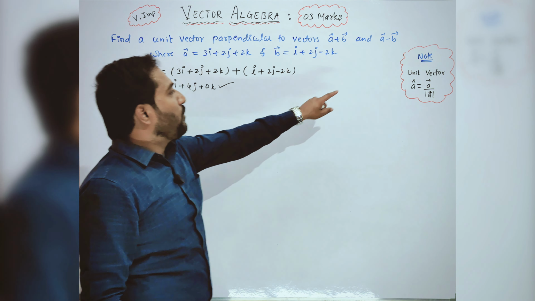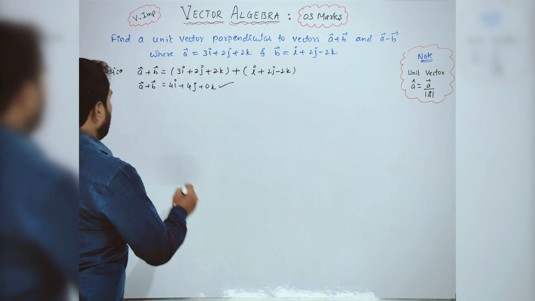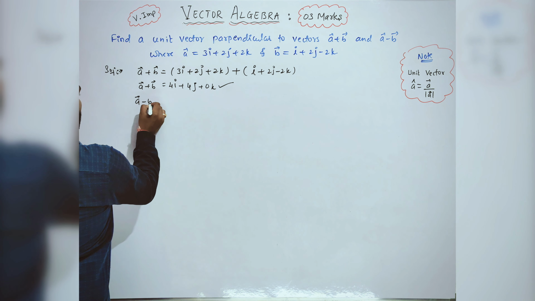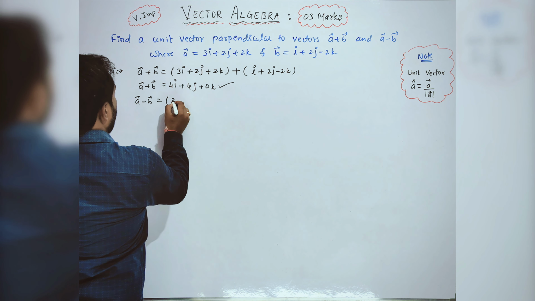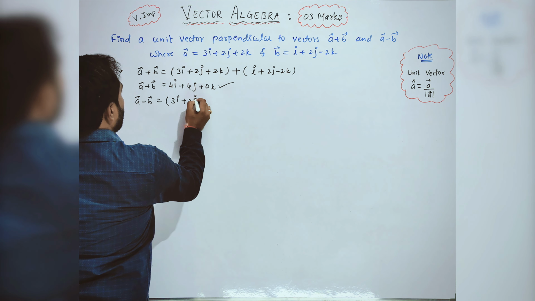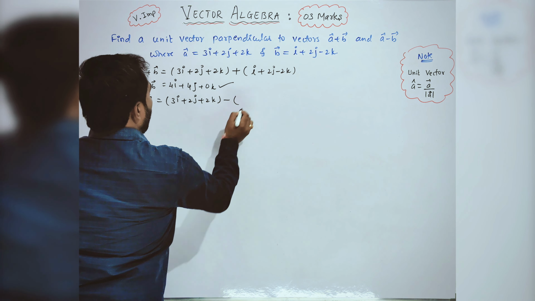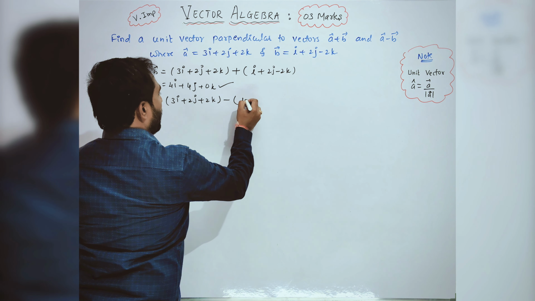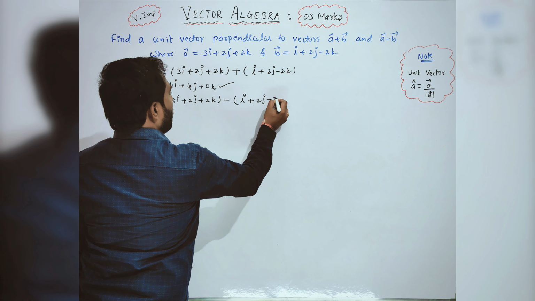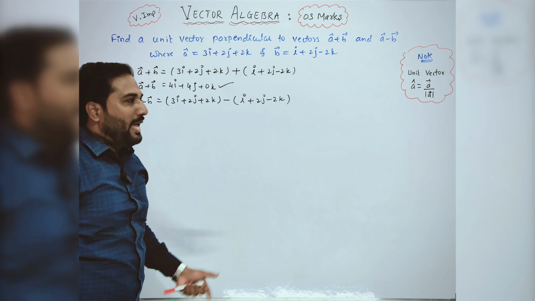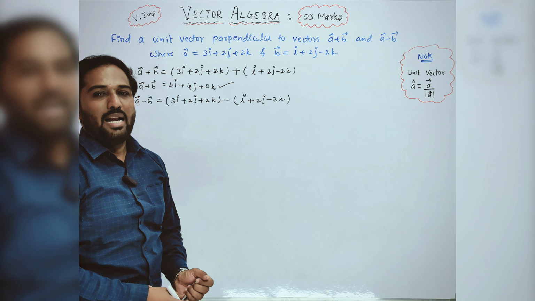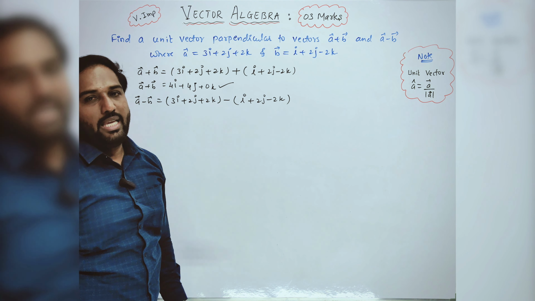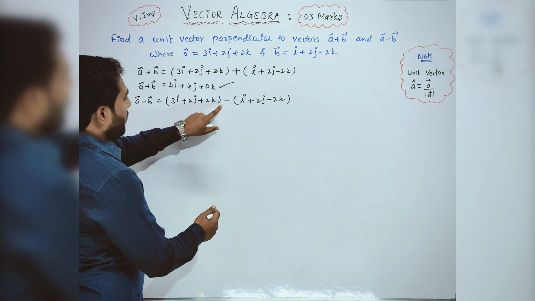Right. Next, what we need? A minus B. Let us say A minus B is equal to, again I'll keep vector A, 3i plus 2j plus 2k, minus vector B, the same thing again, i plus 2j minus 2k. As above, just subtract i with i, j with j, k with k. 3i minus i.